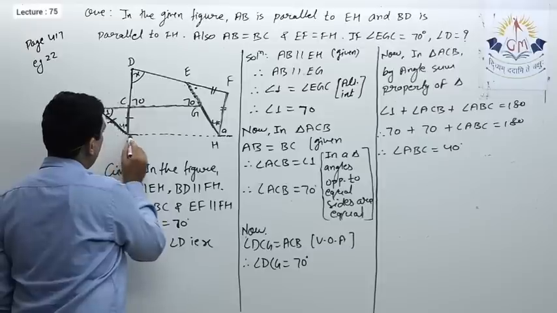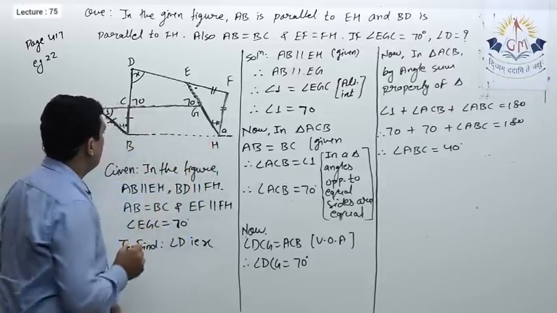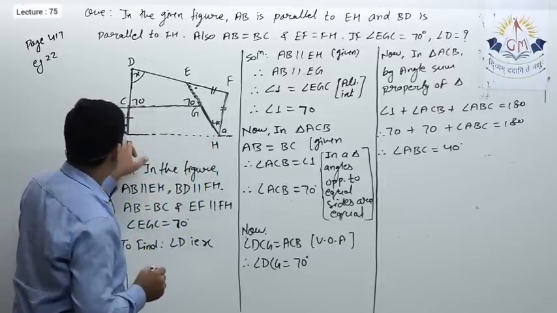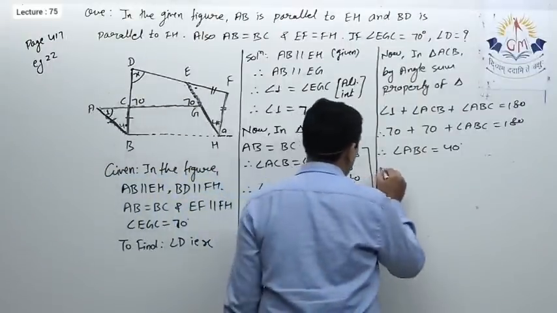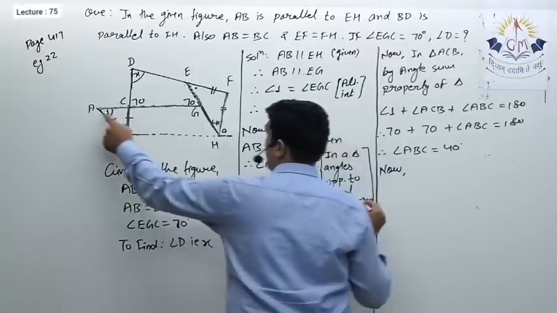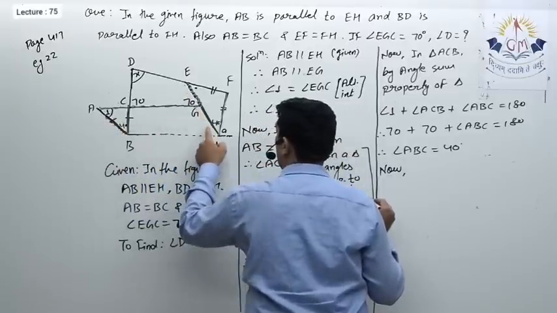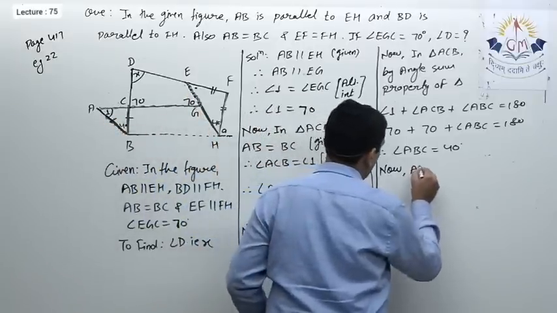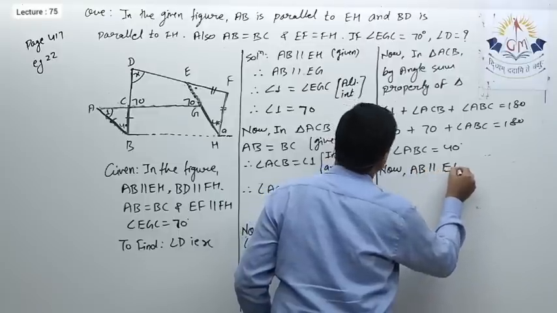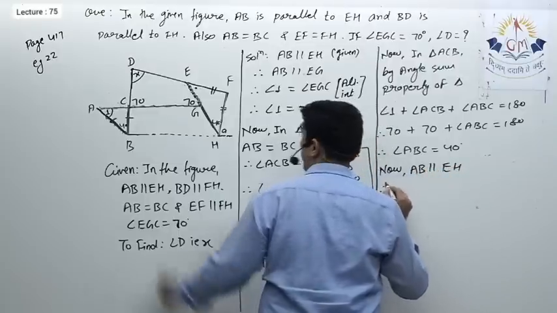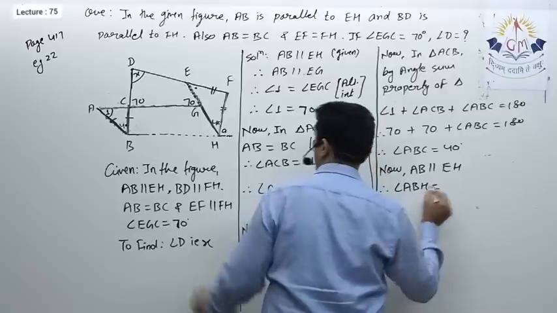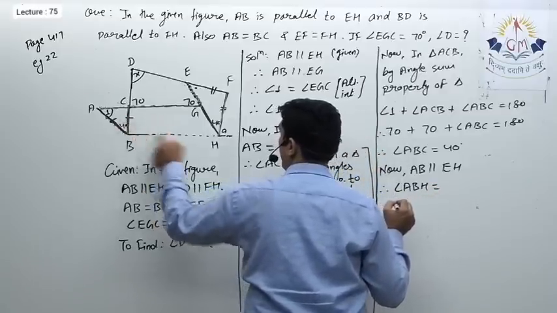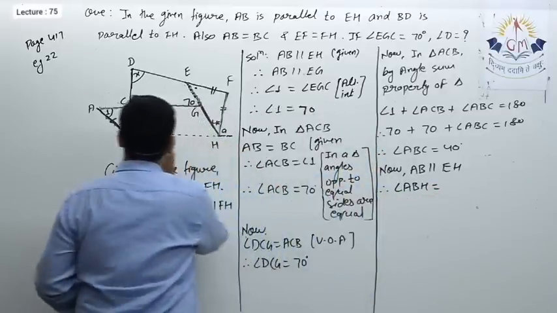Okay, now I can write angle ABH. Now it is given AB parallel EH. Now AB parallel EH, therefore angle ABH is equal to angle GHQ.